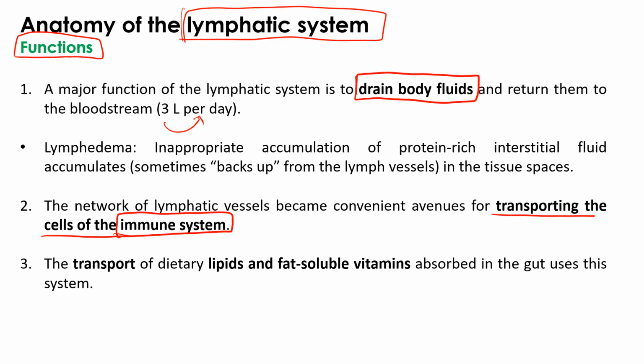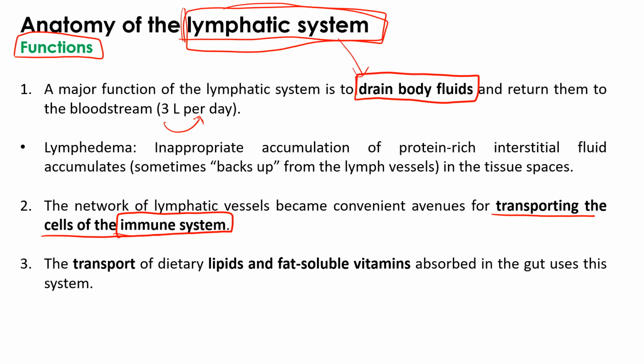So when they remove a bunch of lymph nodes and lymphatic vessels, one of the major side effects that you might see sometimes after someone has a mastectomy is that the arm will swell and you will have this terrible edema, fluid accumulation that is very hard to take away. Again, the main function of the lymphatic system is to drain fluid.